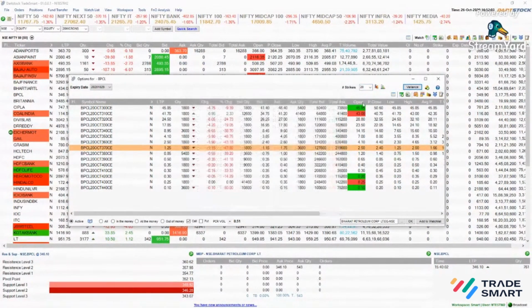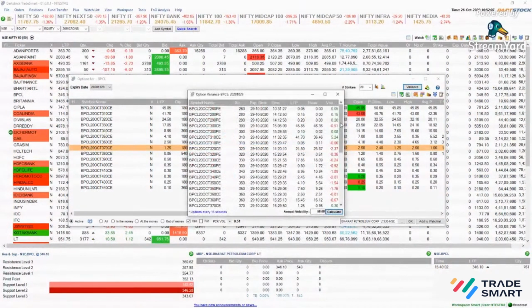I hope you can see there is something called variance. When you set up the variance, it straight away tells you the theoretical value and the current traded price, so what sort of variance we have. I think an option trader must be aware of that. As an option trader, we want to know the fair value of the contract, maybe as per the Black-Scholes model.